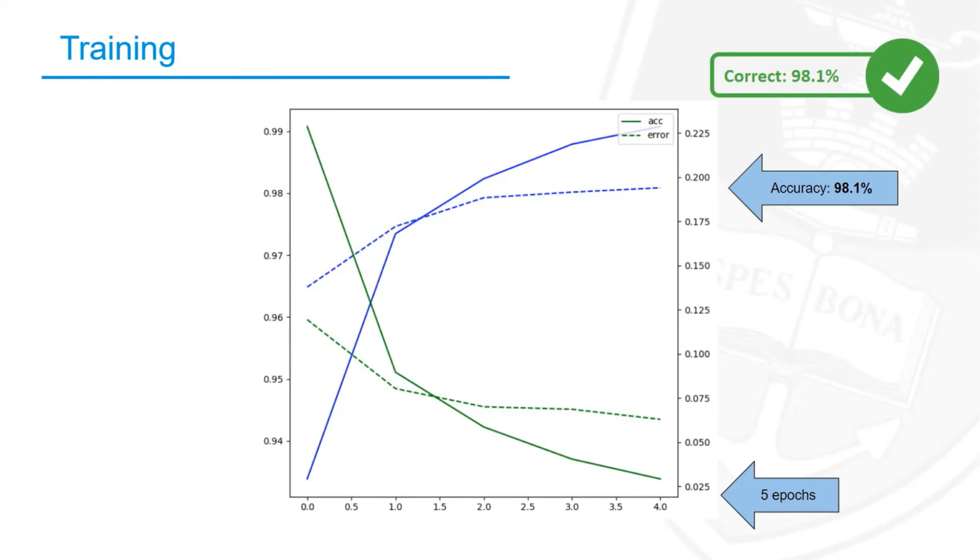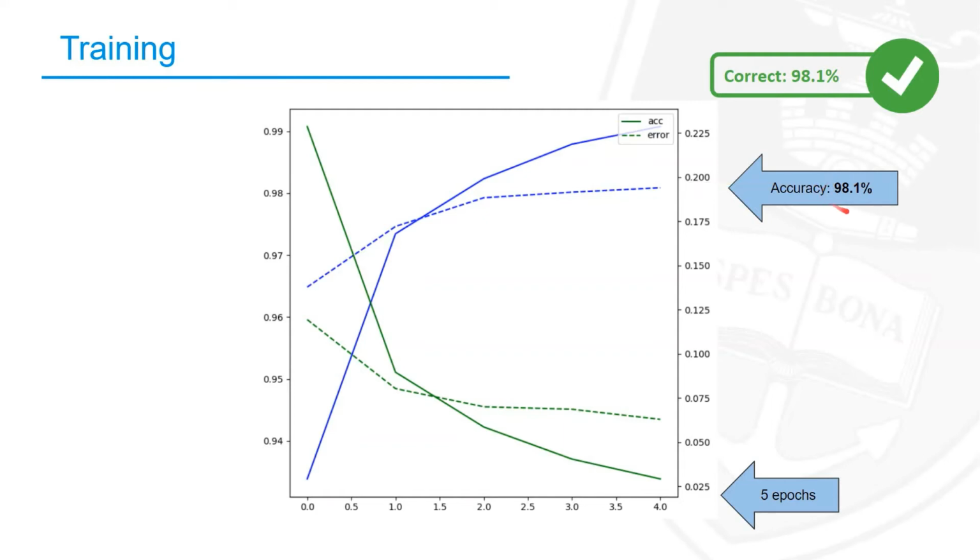As you can see here, the blue line represents the accuracy. The dark blue line, the solid blue line, is on your training set. Your dotted blue line is on your validation set or your testing set. And really, this is what we want to look at as your overall performance.